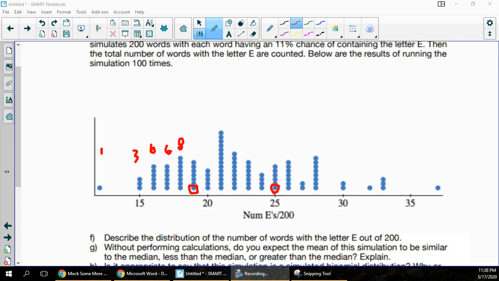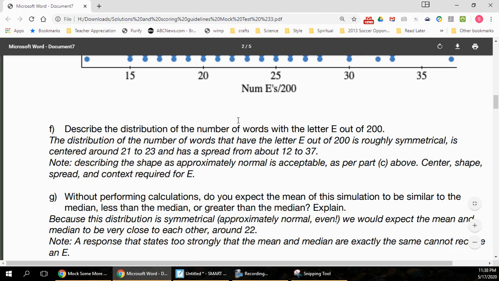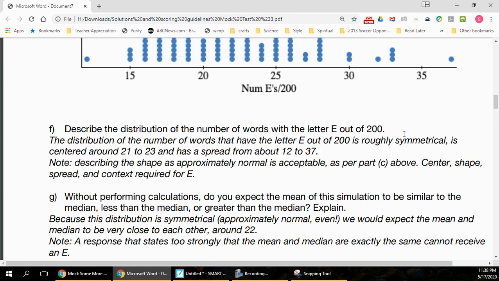So now let's talk about how those answers might look if you wrote them down and some ideas on getting full credit. This one said, note describing it as approximately normal is okay because we said that earlier. Symmetric is a little bit safer word, but either way, roughly or approximately is a pretty important idea.